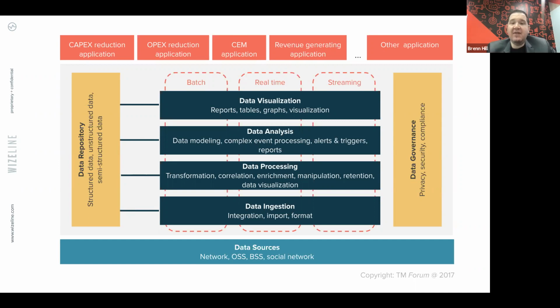So you're pulling from these data sources and you're pushing them, as you see to the left, onto a data repository. And then you have data processing systems that look at that data repository, they enrich the data, they manipulate it and put it into a system that is easier to do analysis on, and they put that back into a data repository. So you have the data repository that has your raw data, and then another piece of that data repository has this processed data, and that processed data is used by the data analysis team.